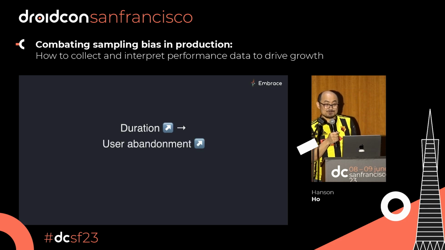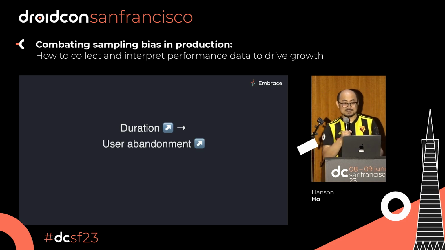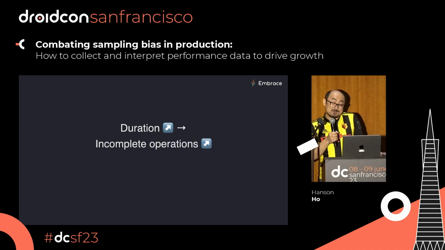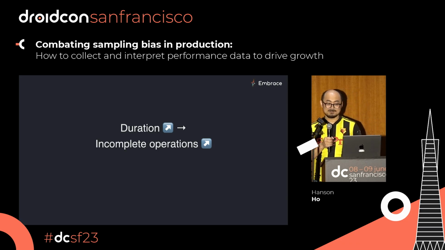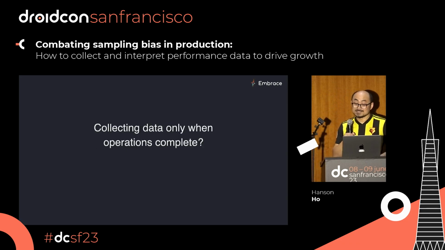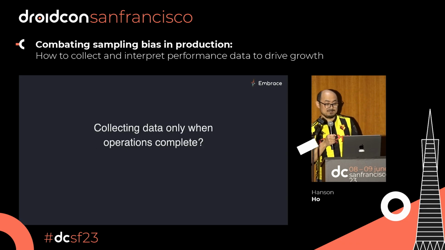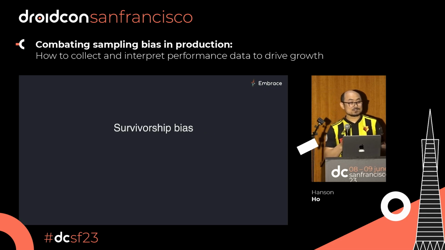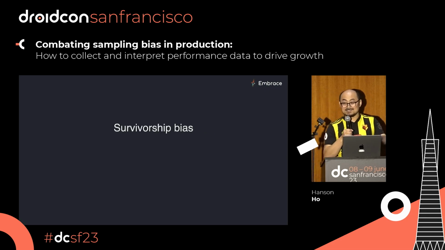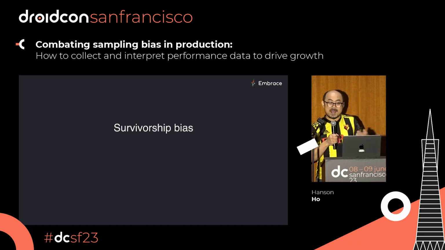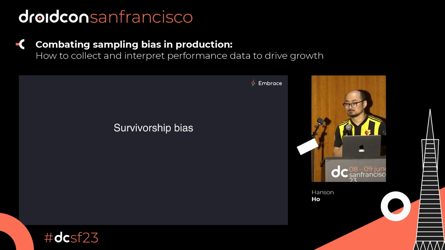They simply don't finish the app startup because it's taking 15 seconds. Therefore, you get more incomplete operations as duration increases. And when you collect data only when operations complete, you get the classic survivorship bias, which is basically when you only collect data if the sample passes some hurdle, which implicitly has a bias.